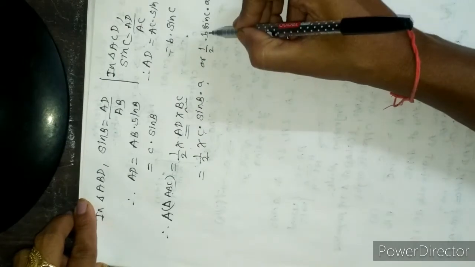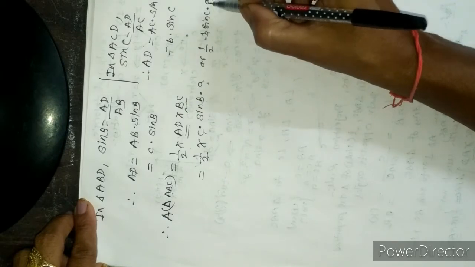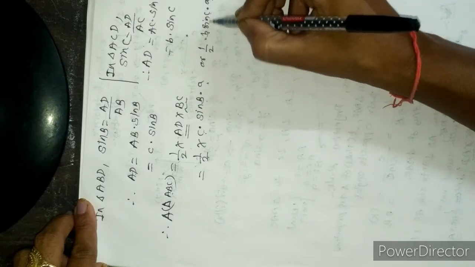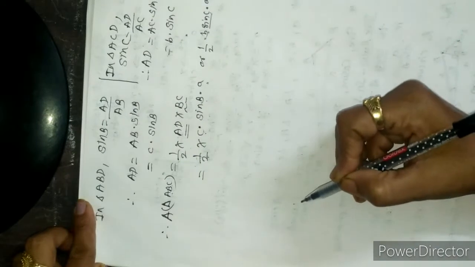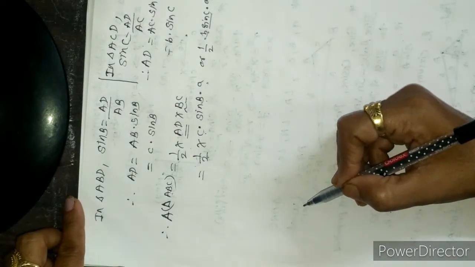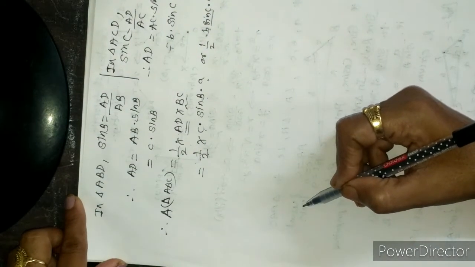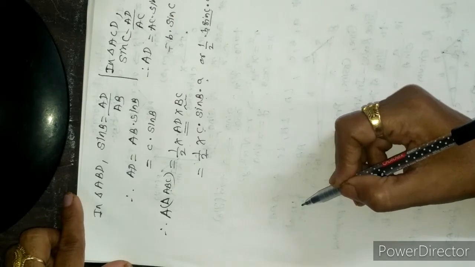If b is the length of one side, a is the length of another side, and in between them the angle is C, we take the multiplication with the sine of the angle C, which lies between a and b, formed by side a with b.